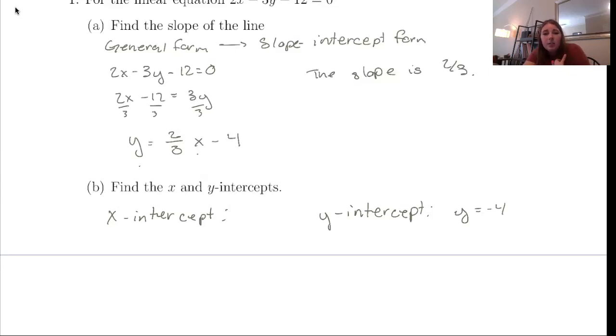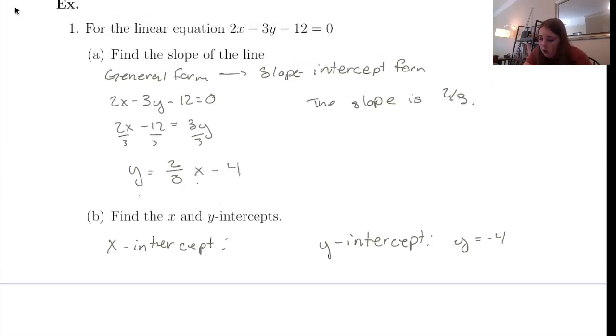Alrighty, the x-intercept. How can we find the x-intercept here? It's not easily seen in our equation of the line. So what can we do? We can set y equal to 0. Should we set y equal to 0 here or up here? It doesn't matter. It's just whatever you're more comfortable with. Let's do the general form.